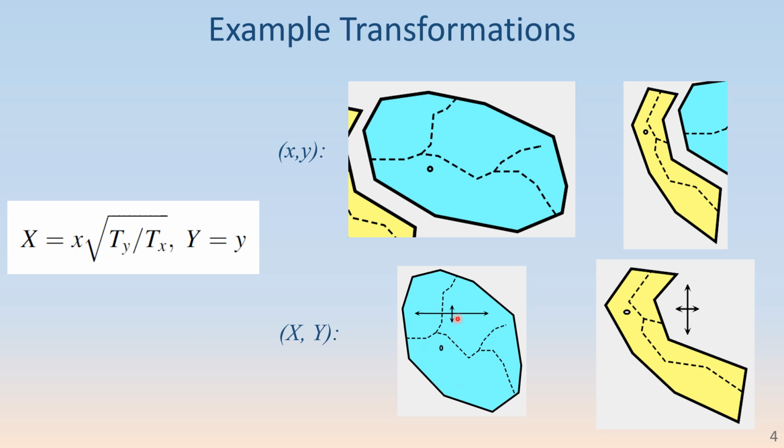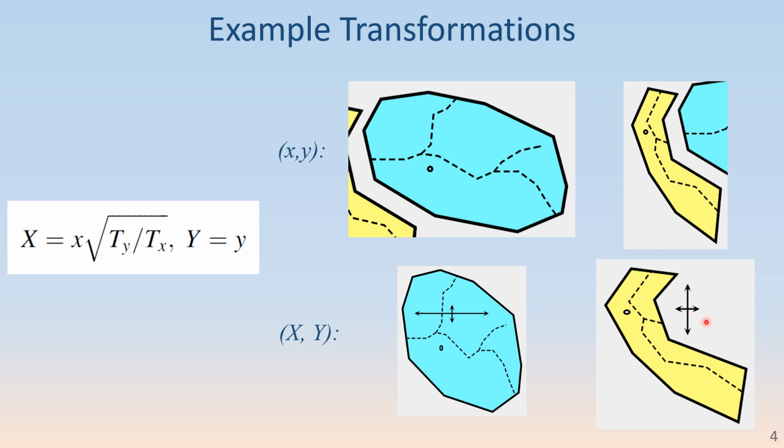So we look at this. The y is unchanged, so this distance is equal to this distance across the domain that way. But this distance here, the x direction distance, has become shorter when we go to the capital X because this factor is less than 1.